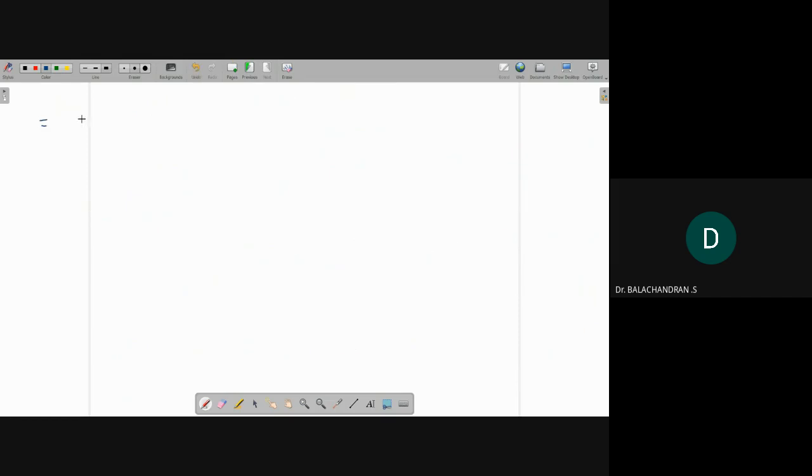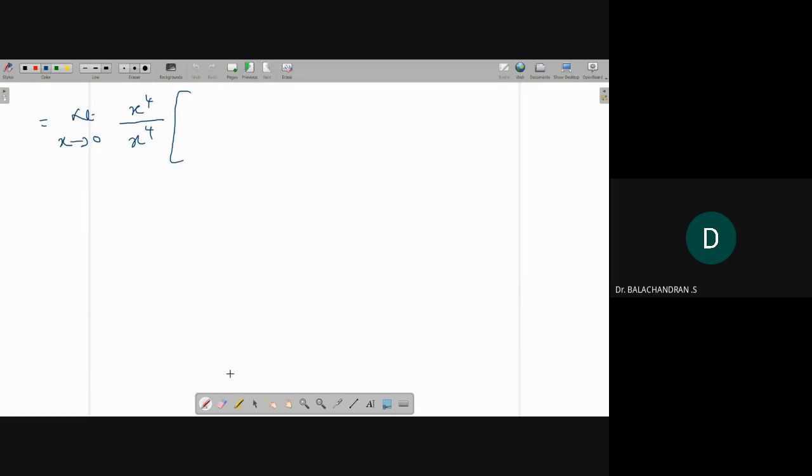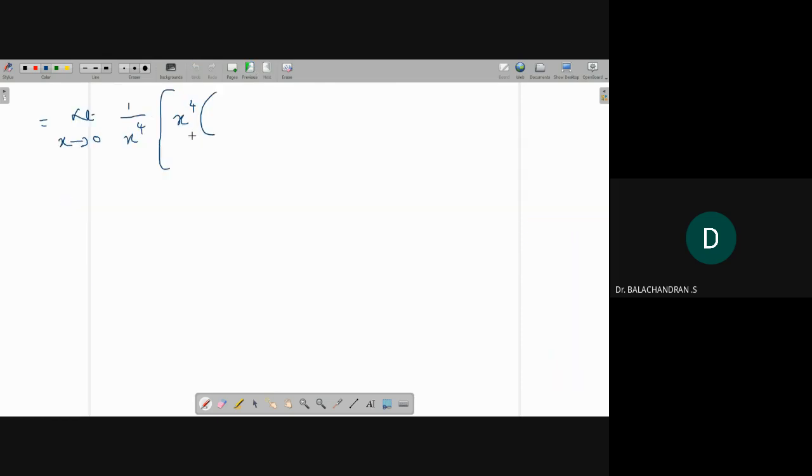So it is equal to limit x tends to 0. I took x power 4 common. So what remains? First I will write one more step. 1 by x power 4, collect the coefficient of x power 4. What is the coefficient of x power 4? 1 by 4 factorial, that is 1 by 24.